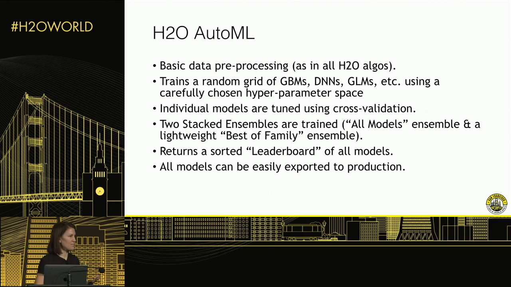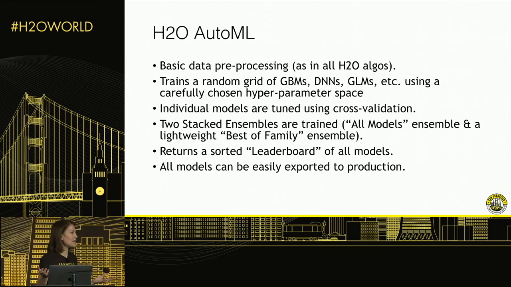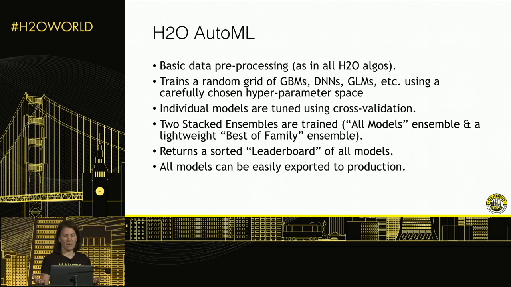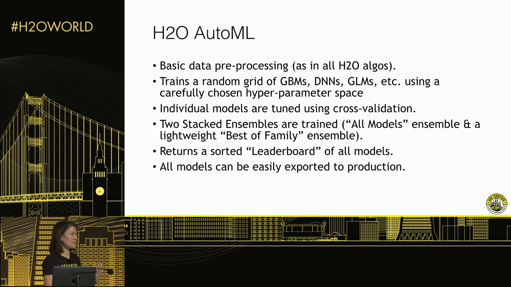So if you wanted to put one of these into production, I would probably recommend that ensemble instead of, let's say you have 100 models and a 100 model ensemble. Every time you make a prediction with a stacked ensemble, you have to make predictions from the base models, so that could take some time. So if you want something more production ready, we would recommend the best of family.